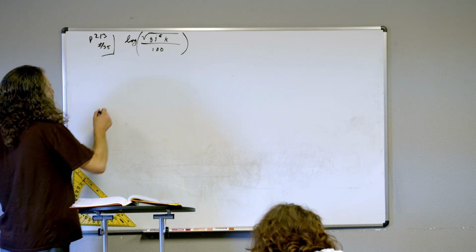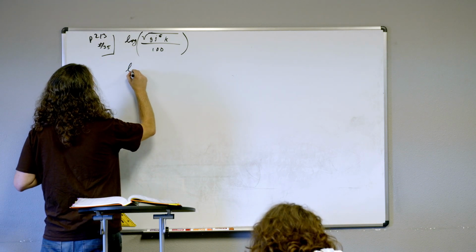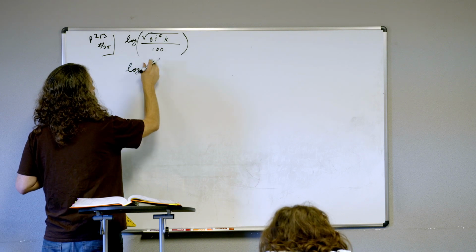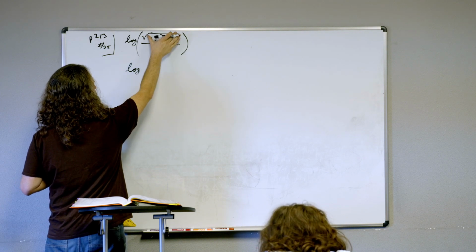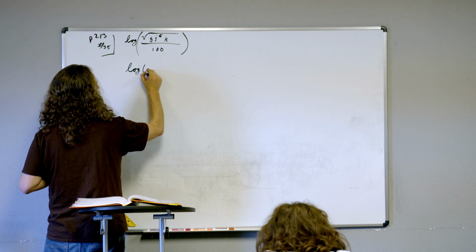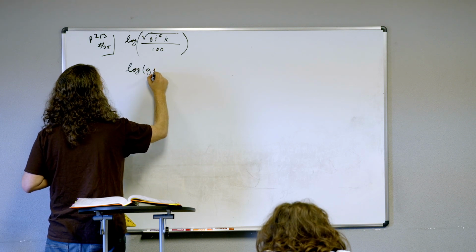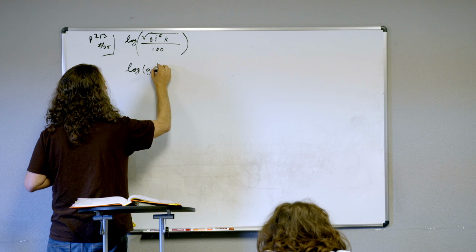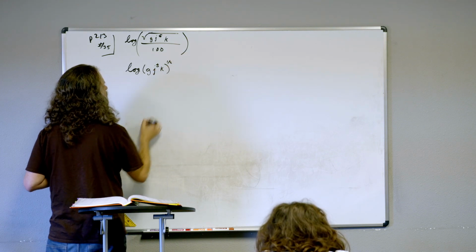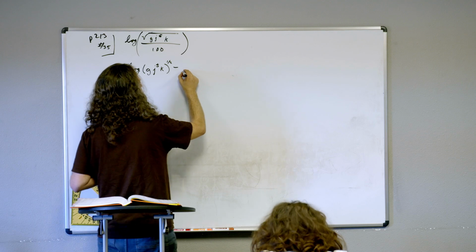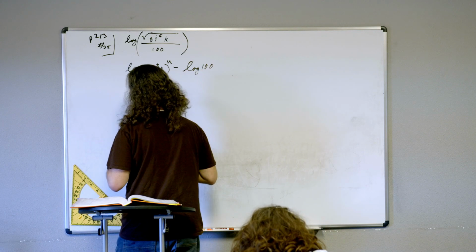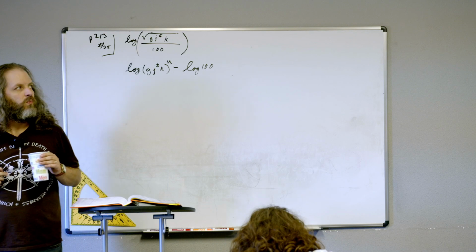Absolutely. So we've got the quotient rule, so the log of the numerator. We could also go ahead and write this radical as a power because we're probably going to want to do that later, right? So log of g times j to the 5th k to the 1/2 minus the log of 100. What now?